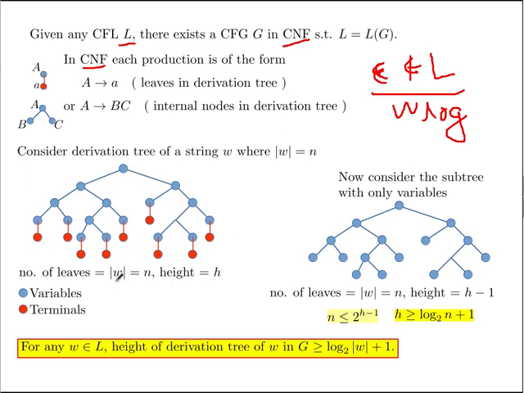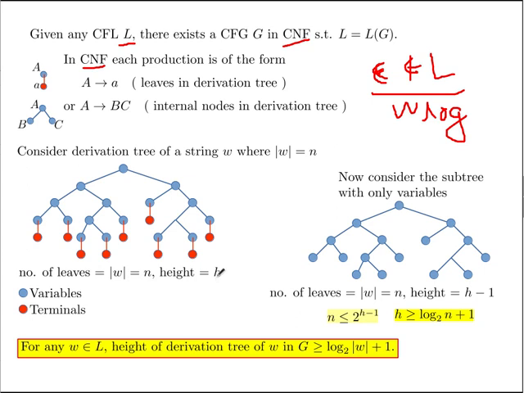So that is the string, say W. So the number of leaves is precisely the length of this string, n. And also say the height is h, right?